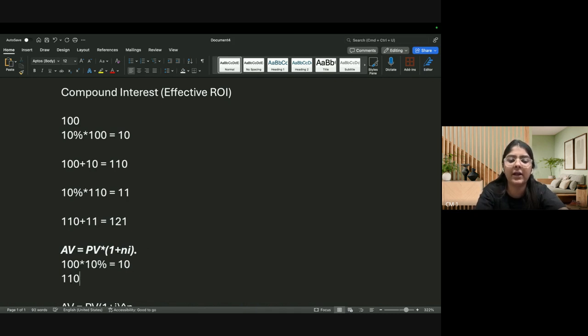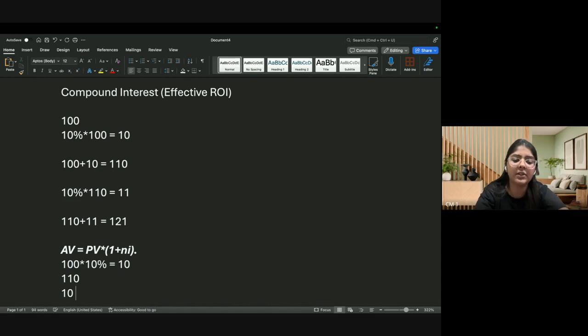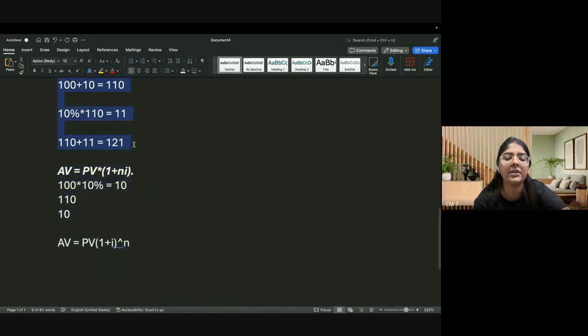I have rupees 110, but how much interest am I going to get? Again 10% on 100. 10 only. So this will be the same every month. So this is where simple interest comes in, and this is where compound interest comes in. So understood that the formula for this will be 1 plus I raised to the power n and not multiplied by n, which is the case for simple interest.